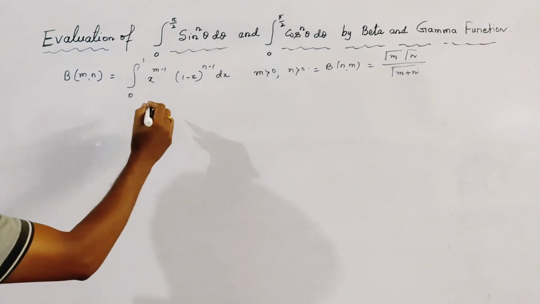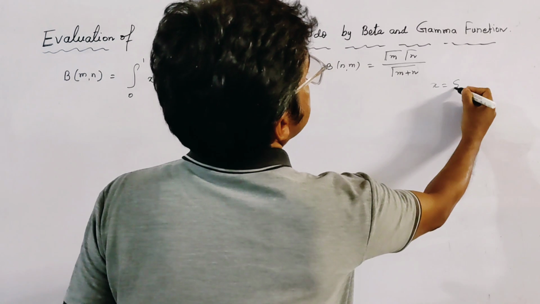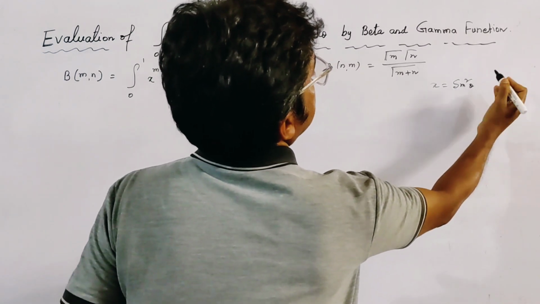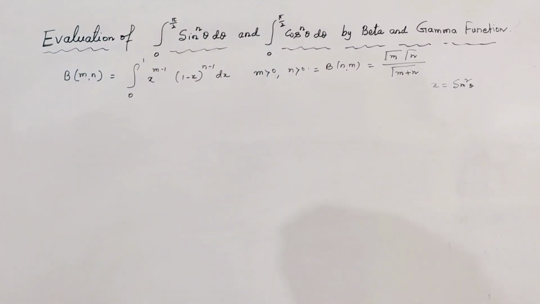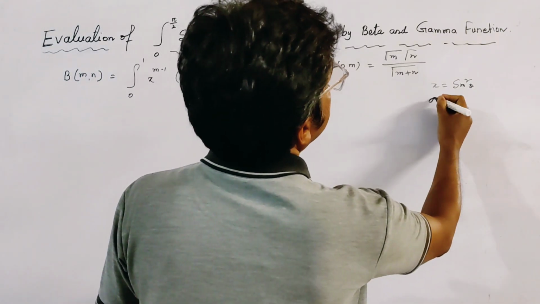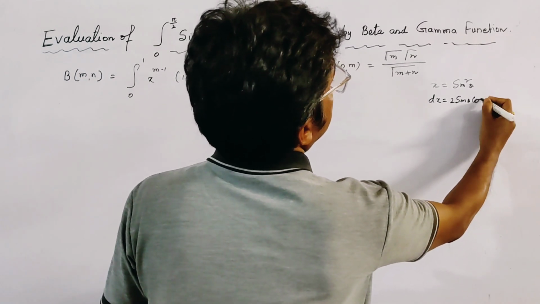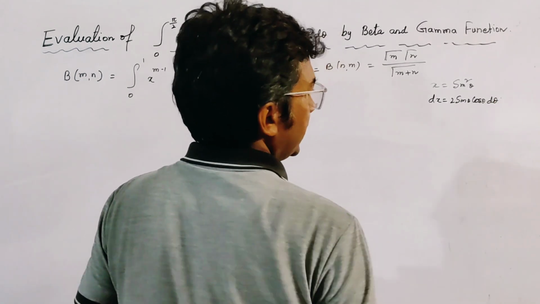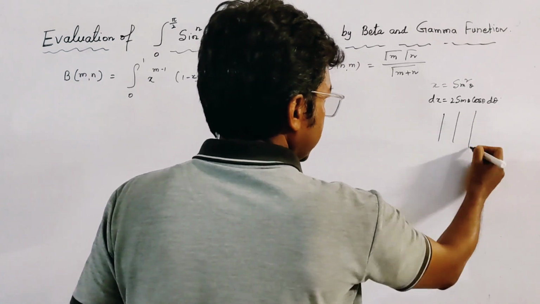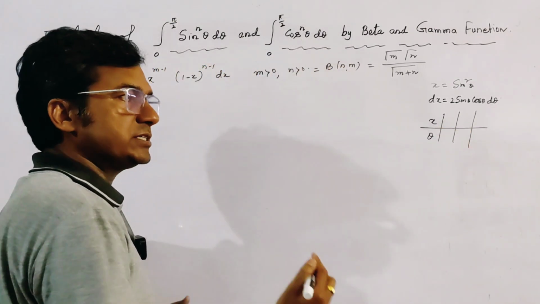Now here we first put x equal to sin² θ. Then we get dx equal to 2 sin θ cos θ dθ, and the range of x and θ also changes.